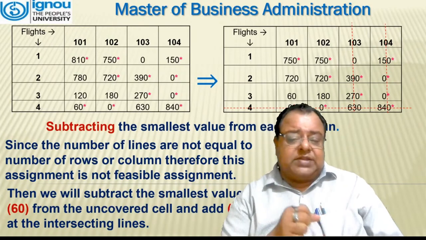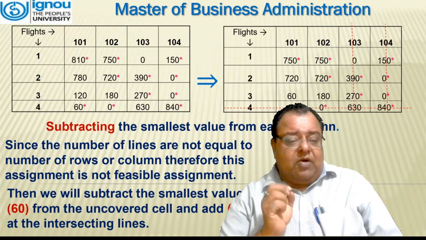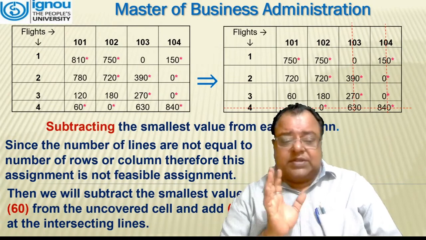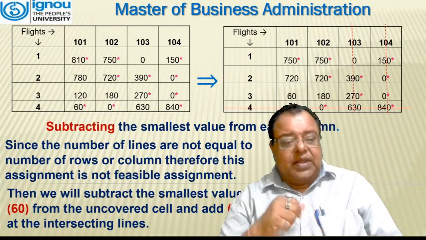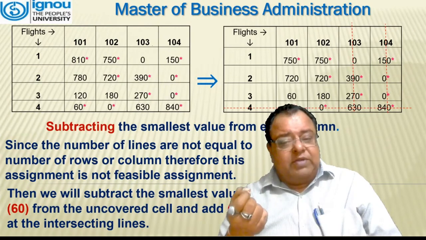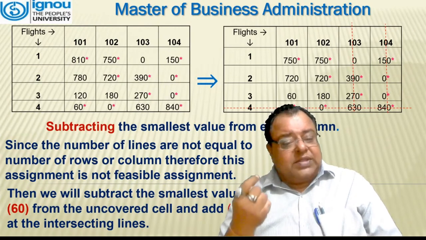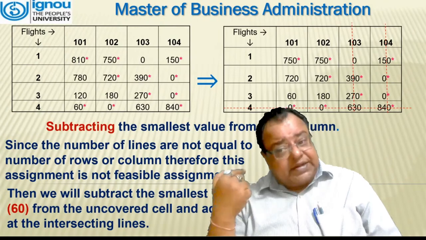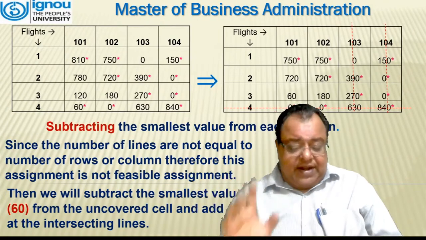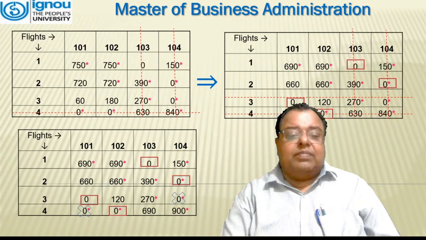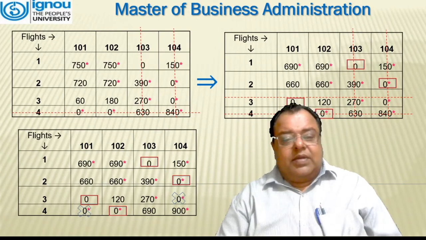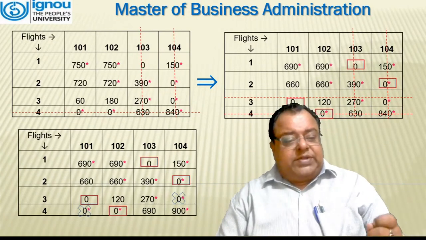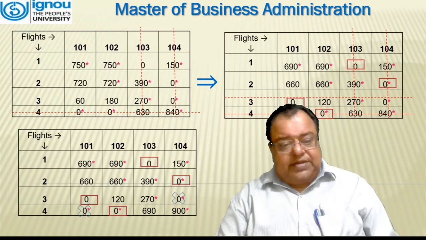Since the number of lines are not equal to number of columns or rows, therefore this assignment is not feasible. Then we subtract the smallest value 60 from the uncovered cells and add 60 to the intersecting lines. Subtracting 60, so we got this matrix.